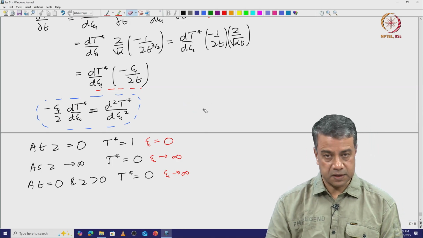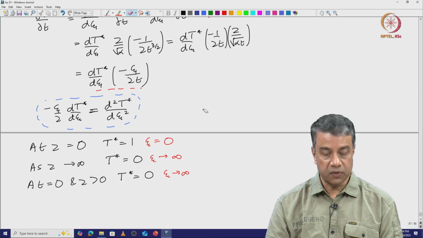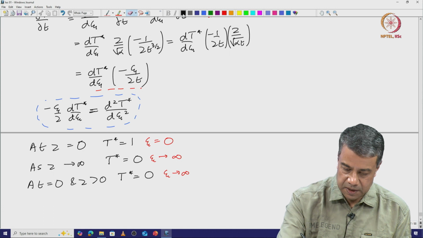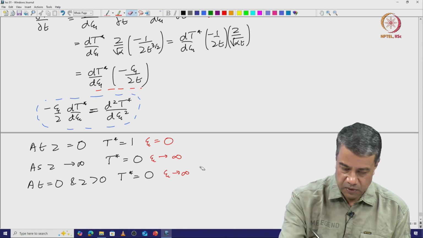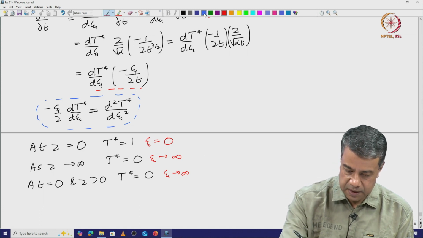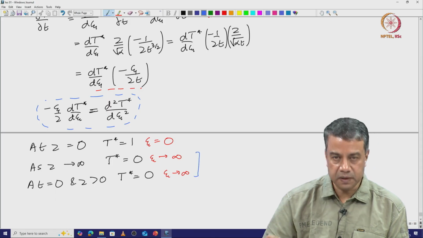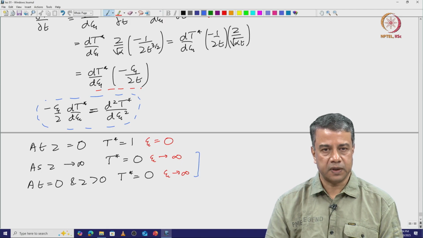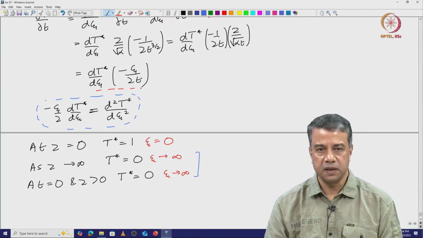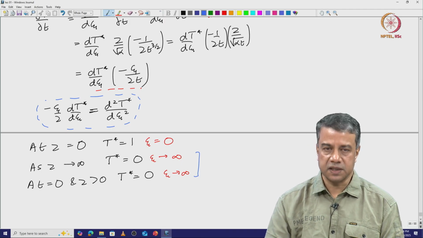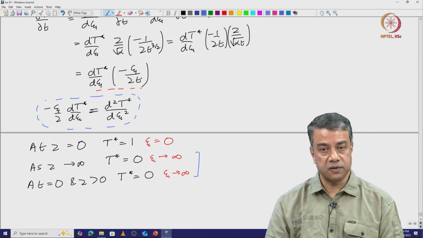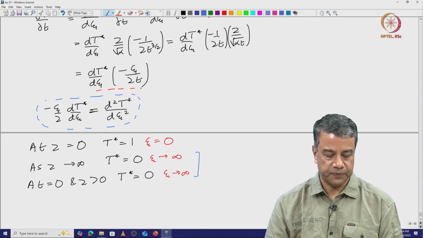So, you can see that when expressed in terms of the similarity variable, these two boundary conditions reduce to the same condition. Psi goes to infinity, T star is equal to 0.